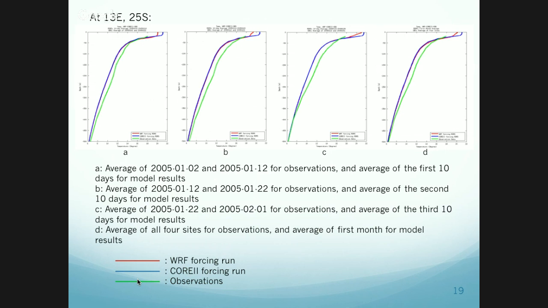But since these are the only data that close to the coast, anyway, here we can see that for the surface, the red line shows the WOA forcing, the blue line shows the CORE 2 forcing, and the green line is the observation.